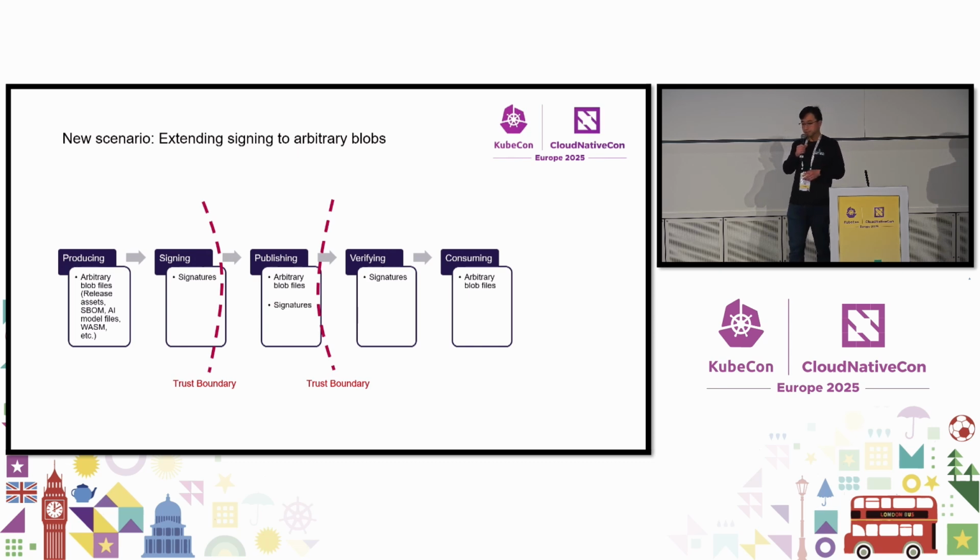Similar to OCI images, after you create your artifacts, and before they leave your trust boundary, for example your file system, you sign them to produce a digital signature, and you publish the signature and the arbitrary files together. From a consumer point of view, they can validate the signature before using the artifacts.